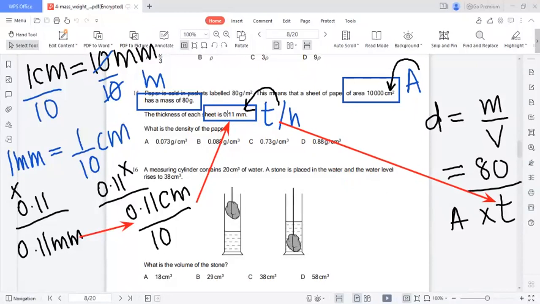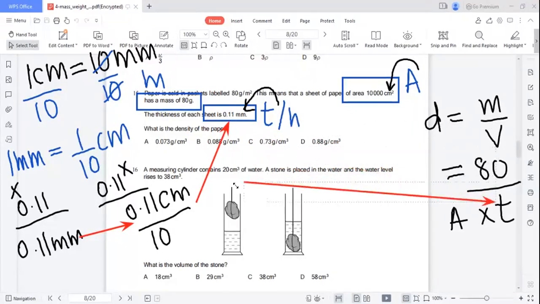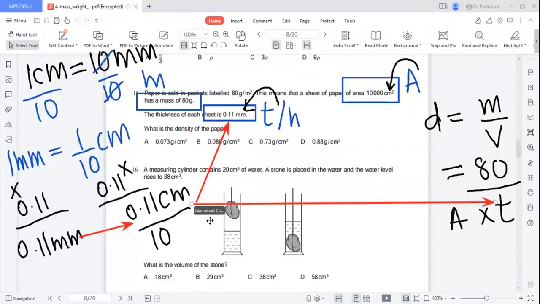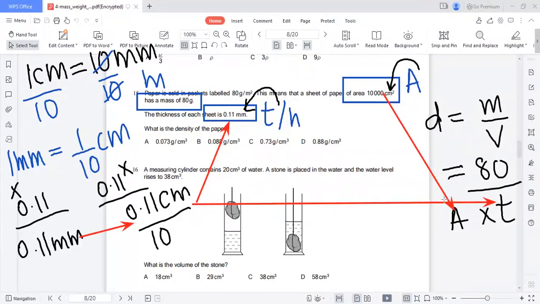So we are not going to put 0.11, but this time we are going to use this value. And area is already there. So area is this one. So we have values.